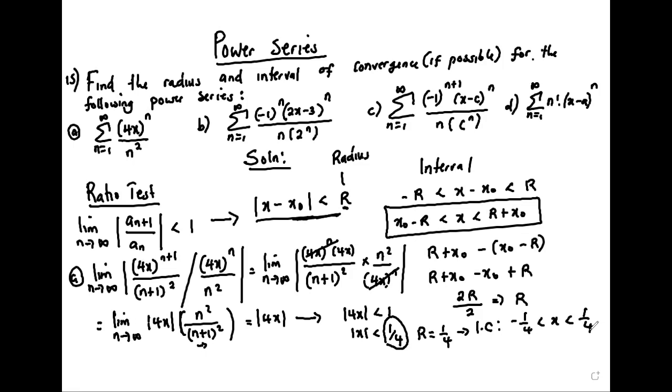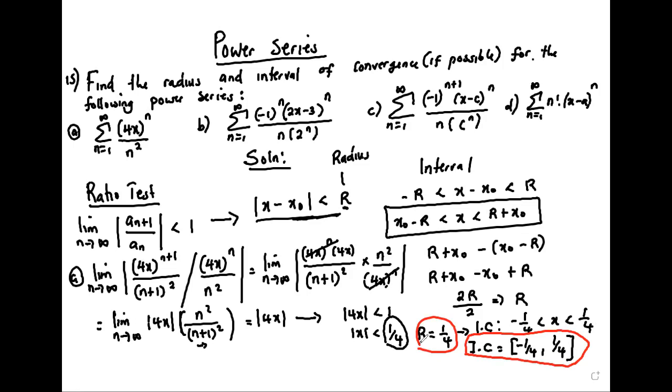If you pick 1 over 4, you are going to get 1 over n squared, which is a p-series. It's also convergent. So our interval of convergence is going to be from negative 1 over 4 inclusive all the way up to 1 over 4. So we have found the two things that we needed. The first one is the radius. The second one is the interval of convergence.